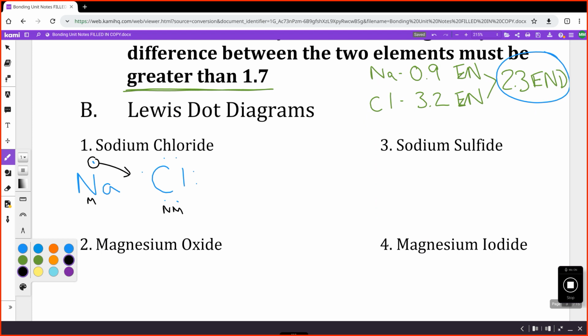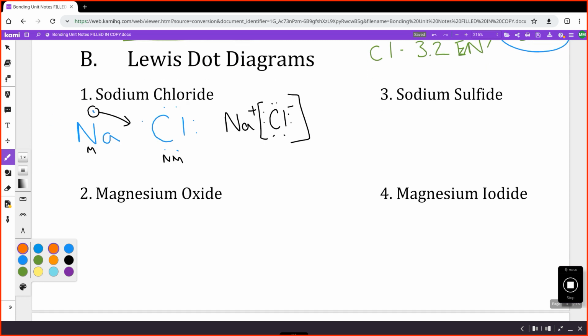The resulting bond becomes Na plus and Cl minus. All right, but we'll try another one that I have not yet explained. So magnesium is a metal with 2 valence electrons. Oxygen is a nonmetal with 6 valence electrons.